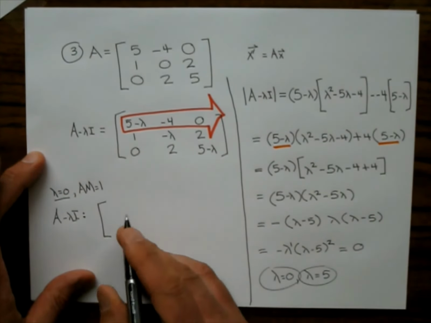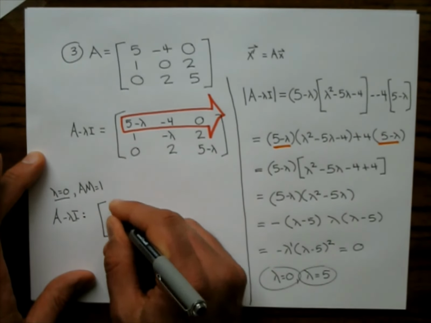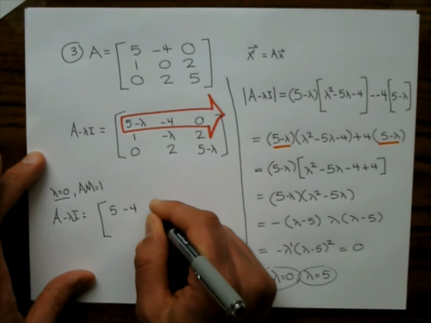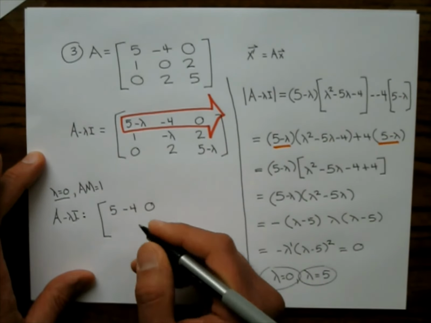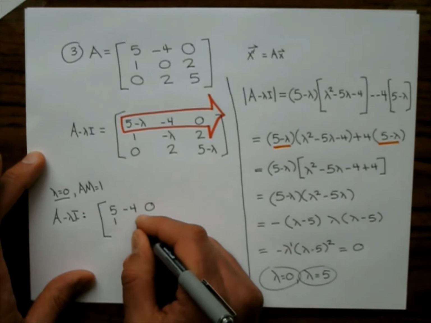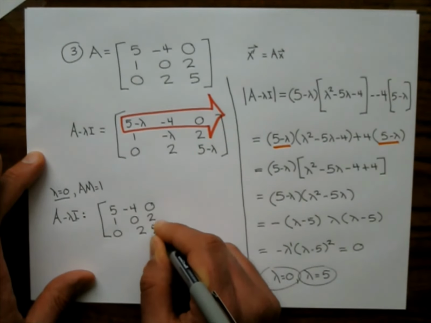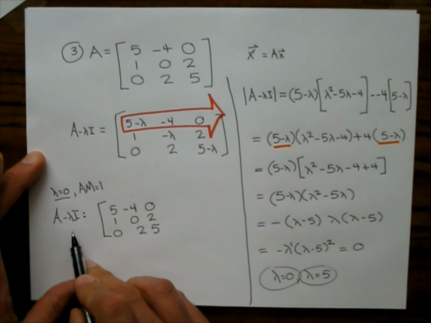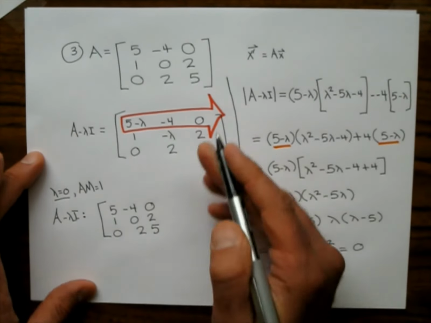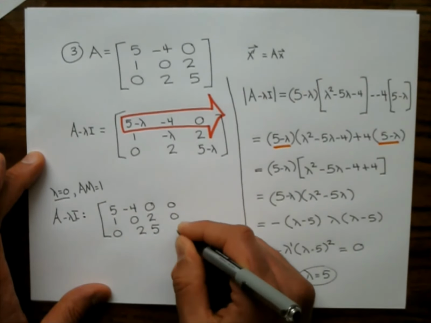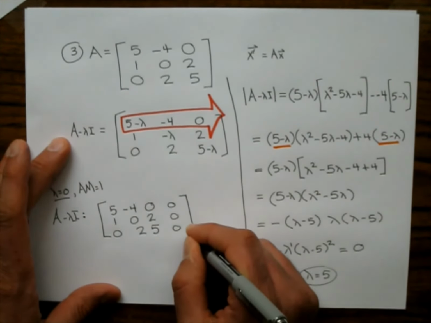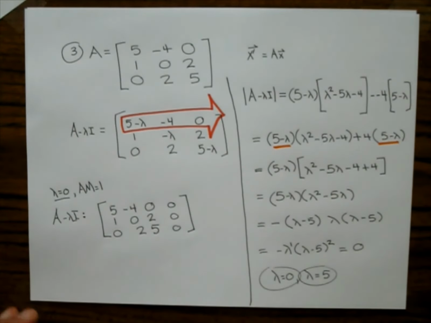So I have 5, negative 4, 0, 1, 0, 2, 0, 2, 5. So when lambda is 0, your A minus lambda I matrix is really just matrix A. And I'm finding the null space.